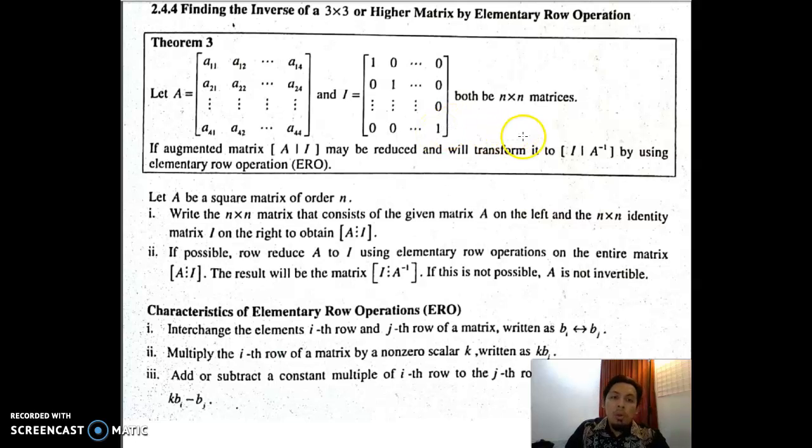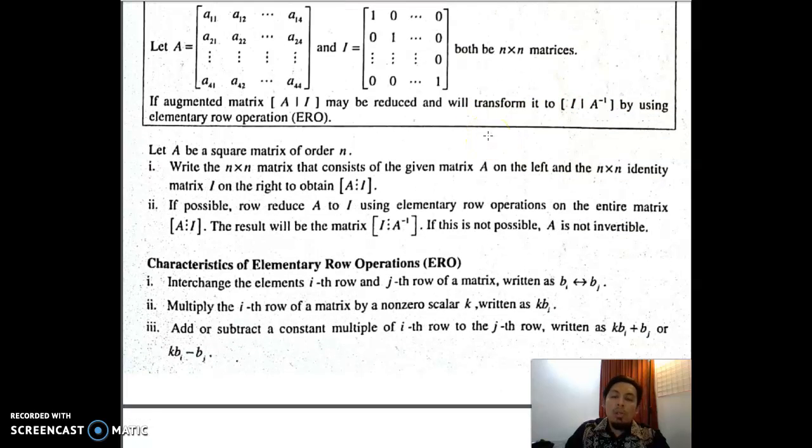When we successfully change A here into identity, automatically the identity matrix here will also change into other values, which is called the inverse of A. So basically we are going to change the augmented matrix of A | I into I | A inverse.